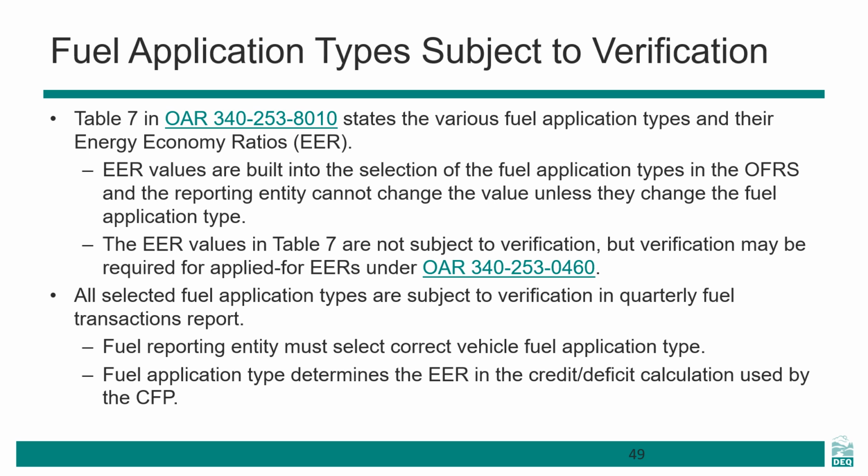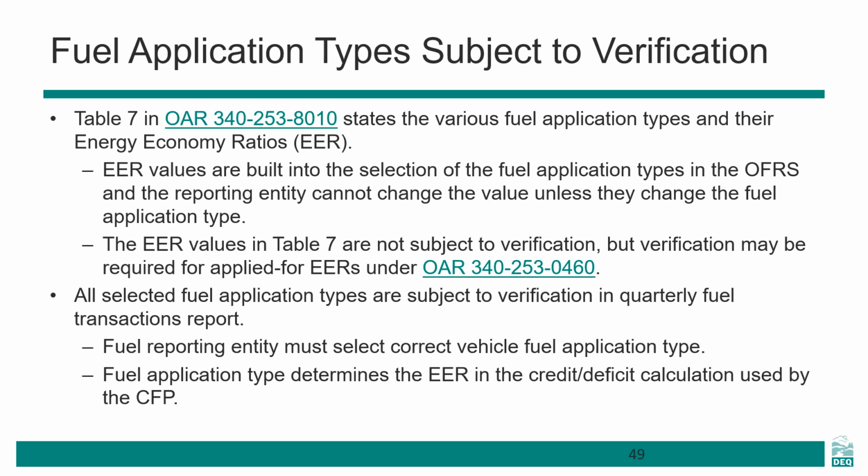Table 7 in OAR 340-253-8010, which is our tables rule, provides a detailed breakdown of the various fuel application types and their corresponding energy economy ratios. These values are integrated in the reporting system and cannot be altered. The reporting entity is only able to select the correct fuel application type and must select the correct fuel application type for each of their transactions.